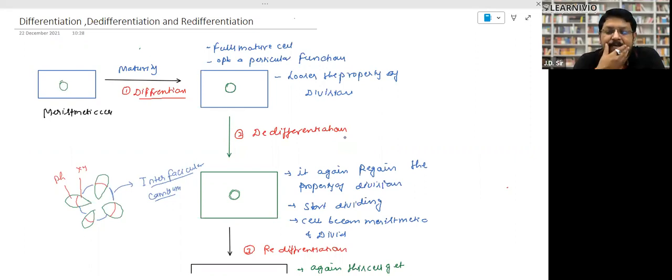Suppose there are 10 students. They are all the same. They have not been given any particular job, so call them meristematic students. They do not have any specific job, right?